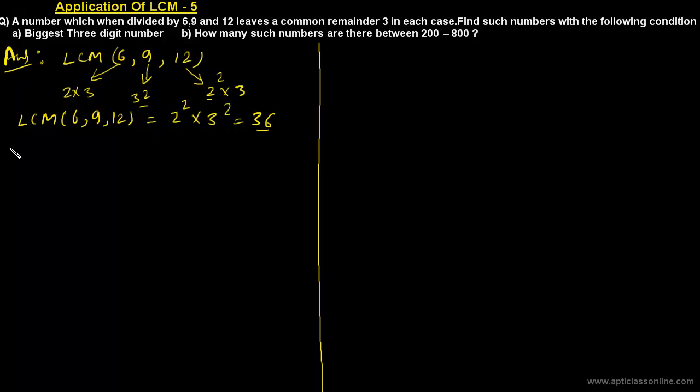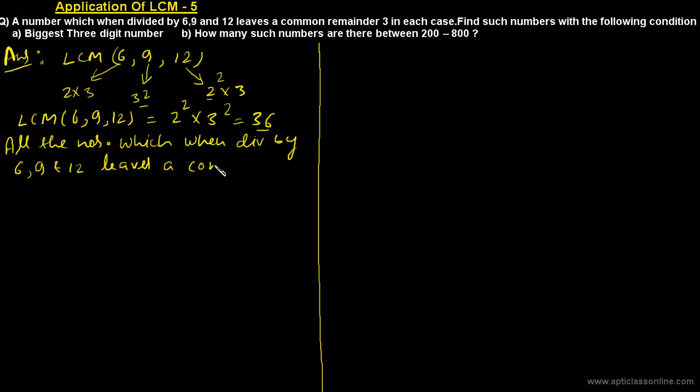All the numbers which, when divided by 6, 9, and 12, leave a common remainder 3 in each case, are equal to k times 36 plus 3.